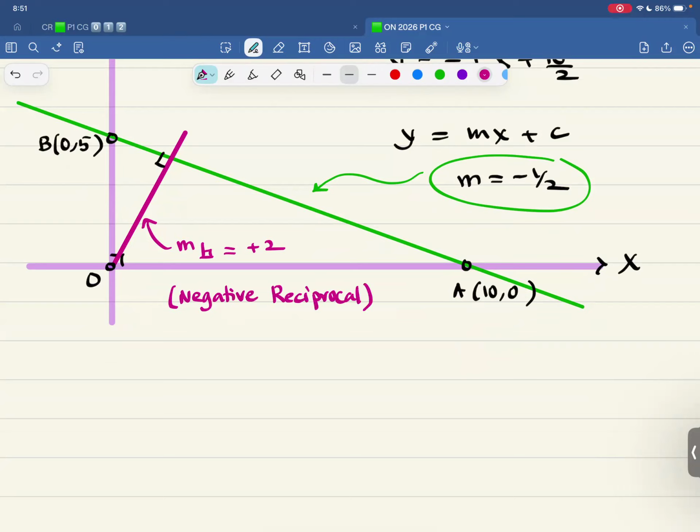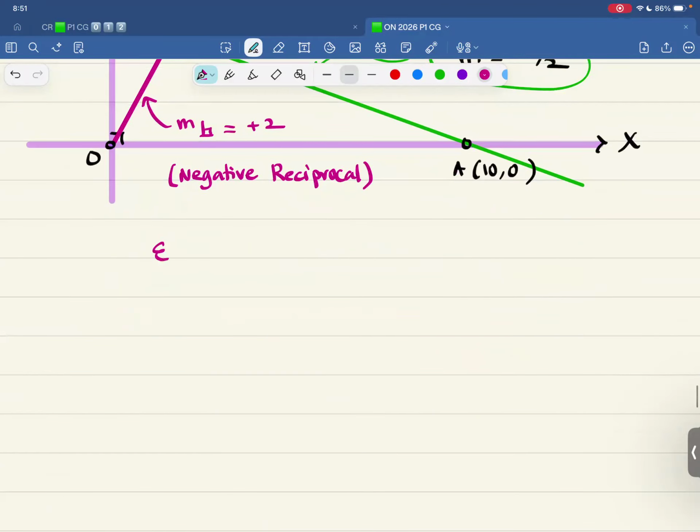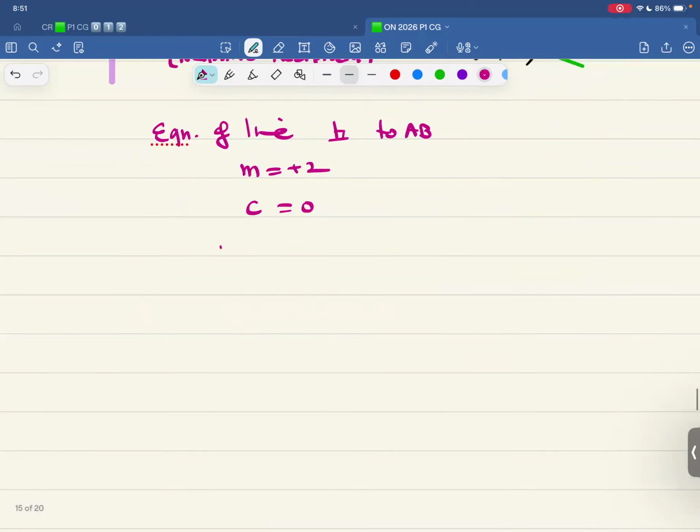It's passing through the origin. So the equation of the line perpendicular to AB: the gradient is positive 2 and the y-intercept is 0, so y = 2x.